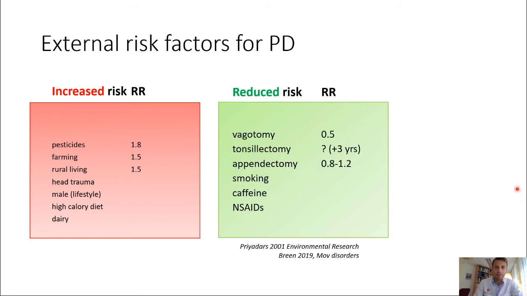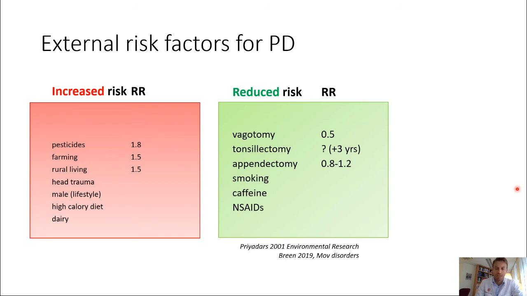So the vagotomy is a strong relative risk reductor. Tonsillectomy, which is also a semi-vagal highway, just like the vagal nerve is, your tonsils also form a part of your ring of Waldeyer and thus also promote neuronal transport to the brain.